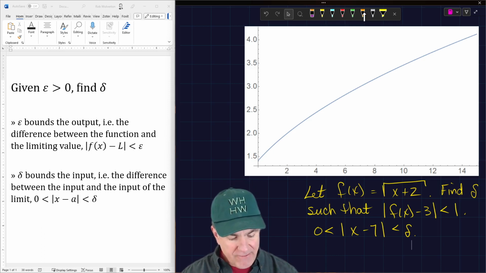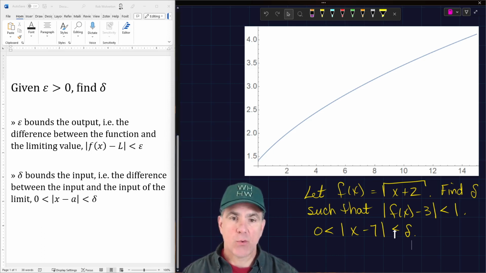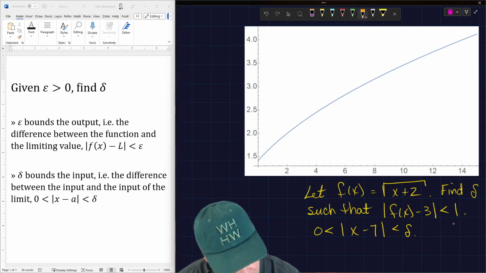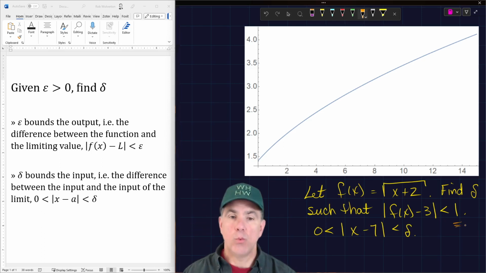So it says let f of x be equal to the square root of x plus 2, and we want to find a delta such that the output value less the limit, which is 3, the absolute value of f of x minus 3, has to be less than 1. So our epsilon value in this case is given, and it's equal to 1. Given that value, we are going to look to bound the input.